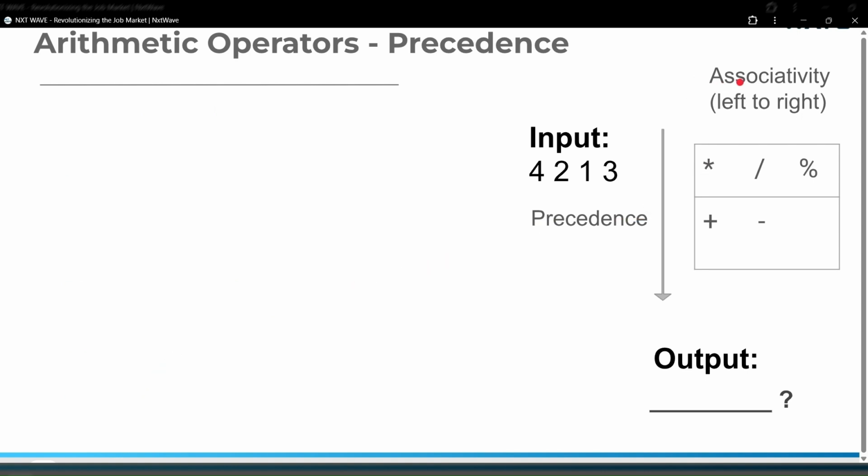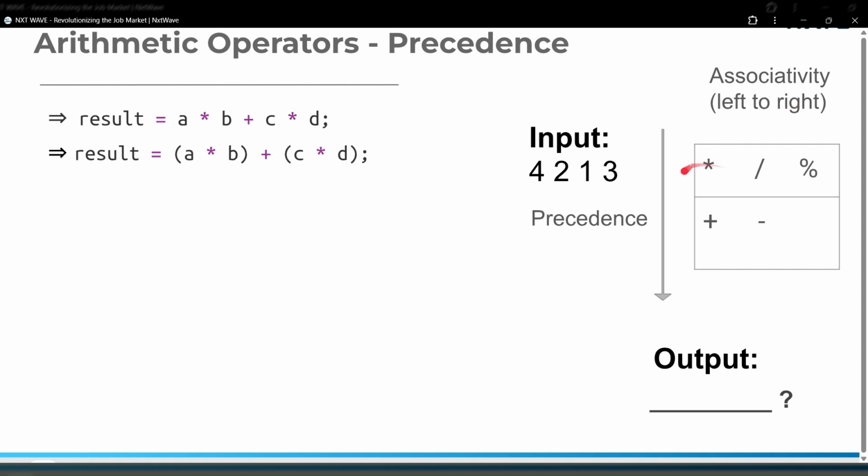Here also the associative property is from left to right: modulus, division and multiplication, and in a similar way for the second, minus and plus. Let's check this. Here a is multiplied with b, plus c into d. The first order is associative from left to right.